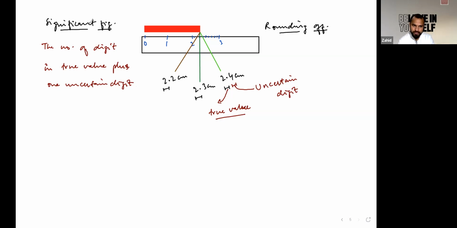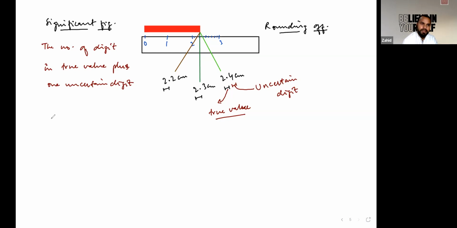I'm defining some more rules for how to calculate the number of significant figures in different experimental data. Is it clear what you mean by significant figure? Sure. Is it clear?